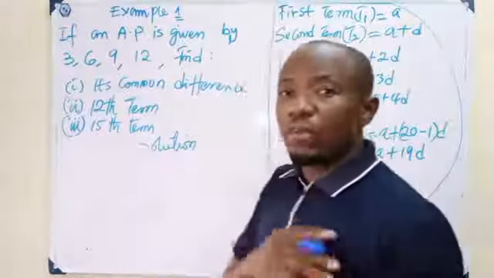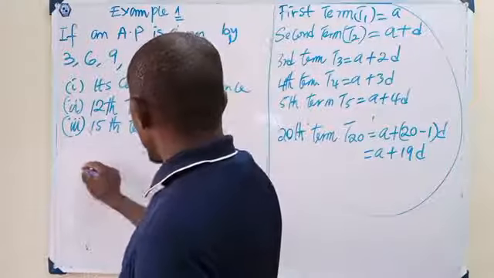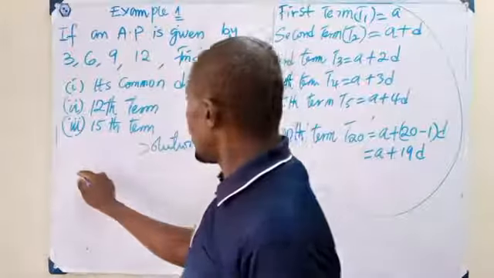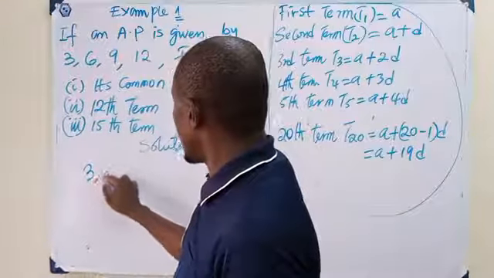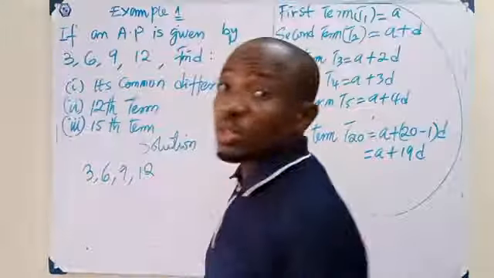Based on our definition of common difference, let's look at question 1. Let's list the sequence first: 3, 6, 9, and 12.